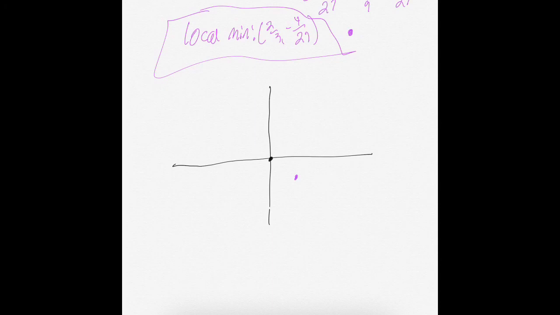We have this point, I'll draw it in pink, our local min, I'll draw it right here. And I know that the function is increasing to the left of (0, 0). So it looks maybe something like this. And then it's decreasing. And then it's increasing again.